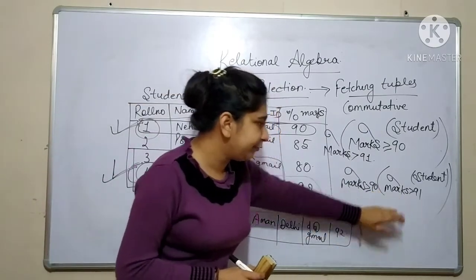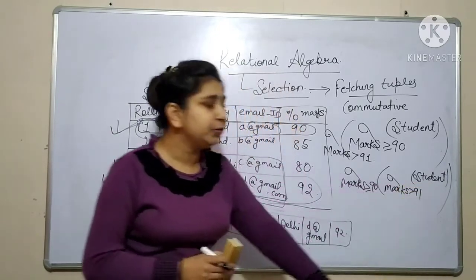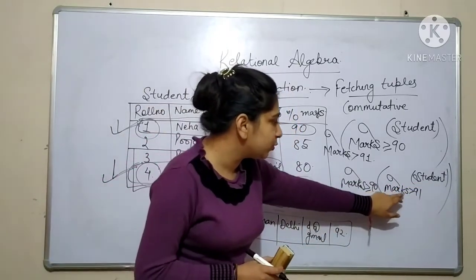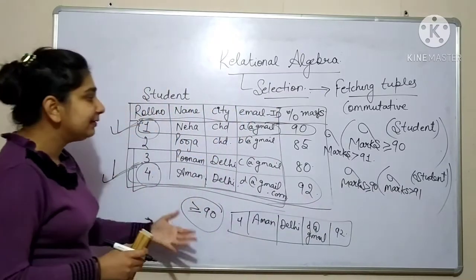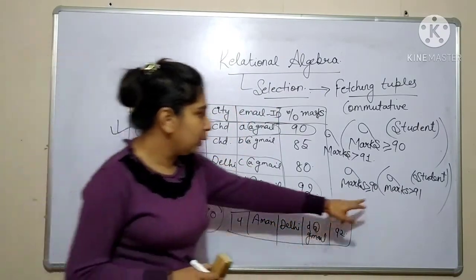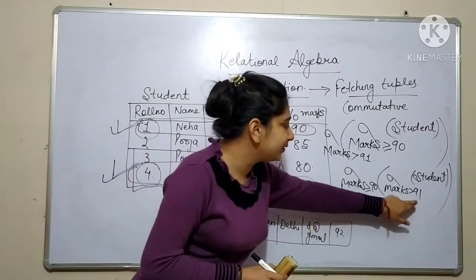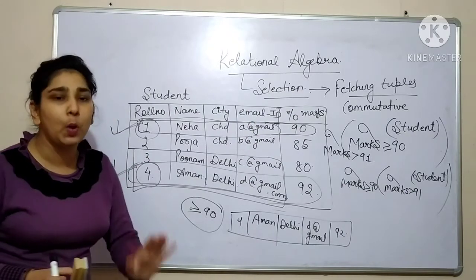So in this, if you look at, firstly what I want to do, I want to fetch all of the students whose marks is greater than 91. So in the complete table, we will be checking for all the students whose marks is greater than 91.